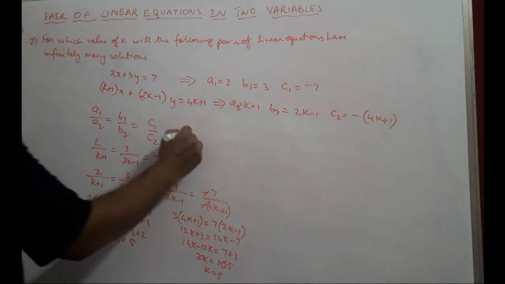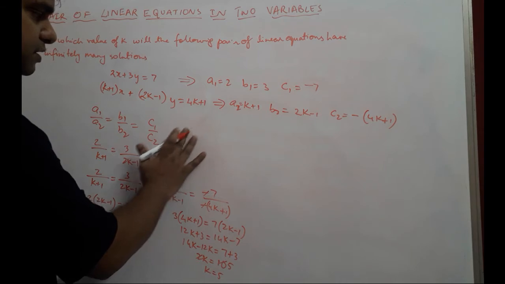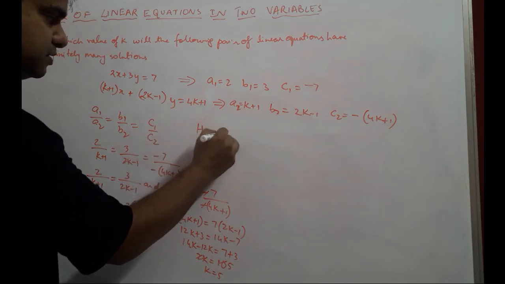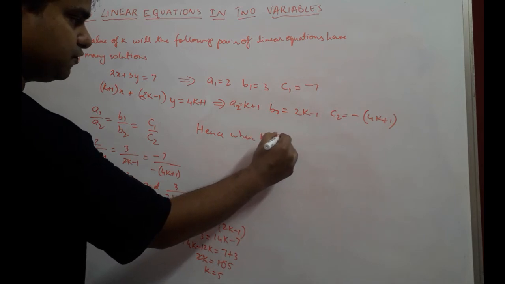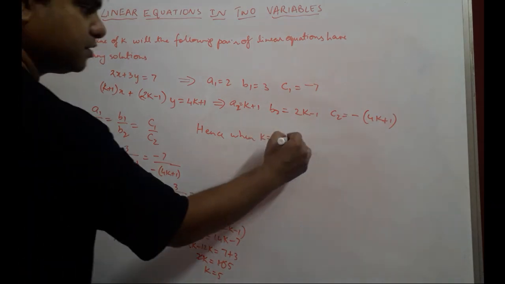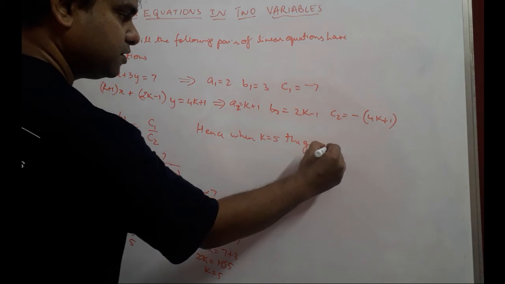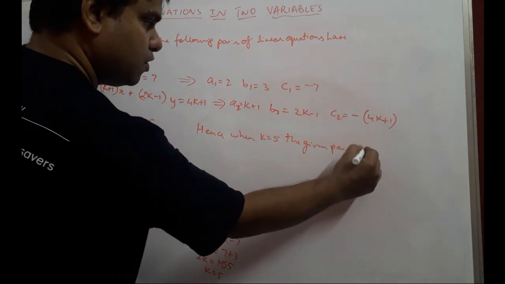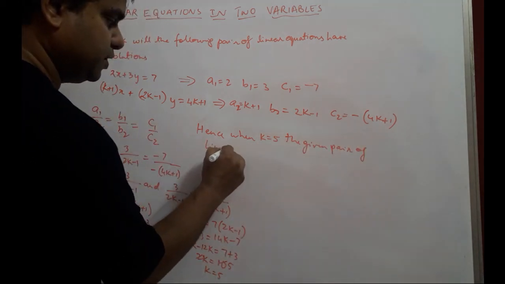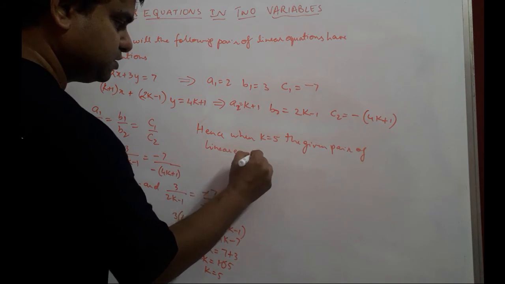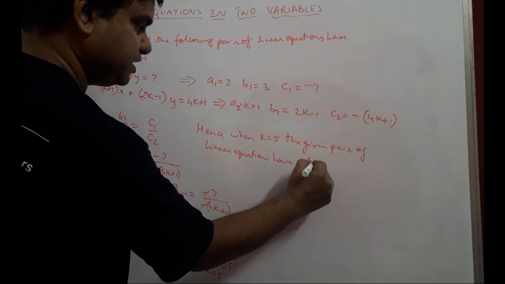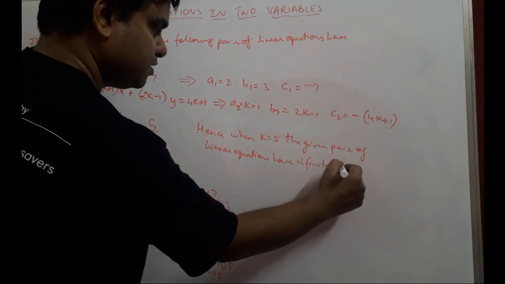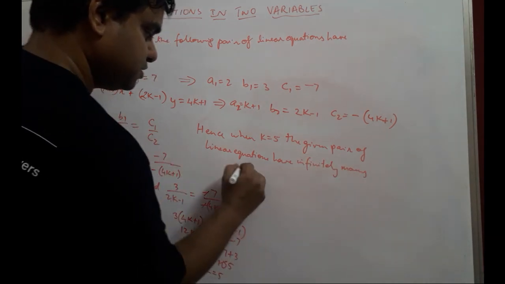So we can say hence, when k is equal to 5, the given pair of linear equations have infinitely many solutions.